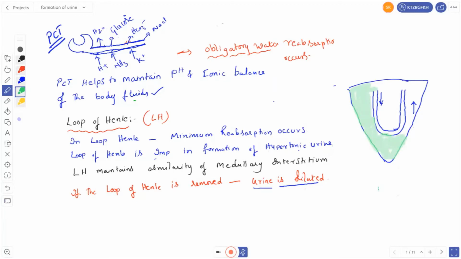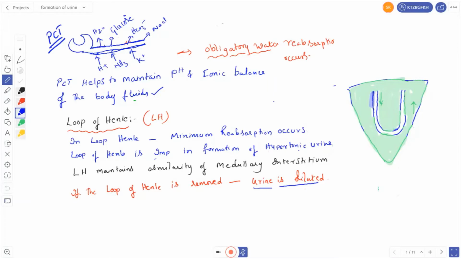So what is happening here? Loop of Henle is playing an important role in the formation of concentrated urine or hypertonic urine. And what else is the loop of Henle maintaining? It is maintaining the medullary concentration, the osmotic concentration in the medulla.